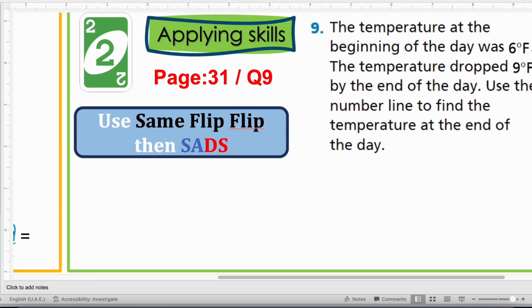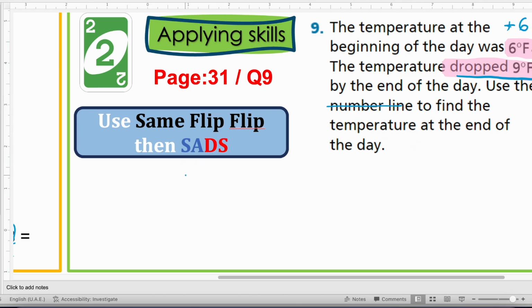Let's take this example. The temperature at the beginning of the day was 6 degrees Fahrenheit. The temperature dropped 9, so it was +6. It dropped 9, meaning minus 9 degrees by the end of the day. I don't want you to use the number line.